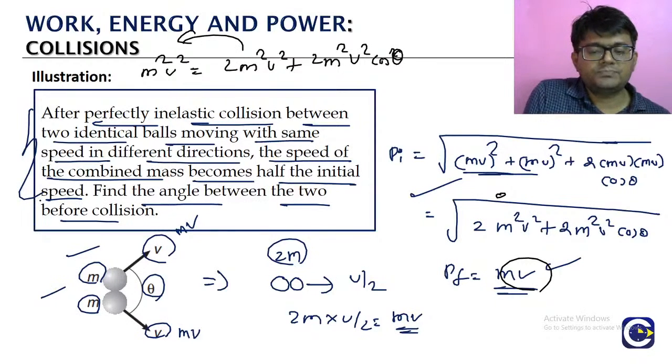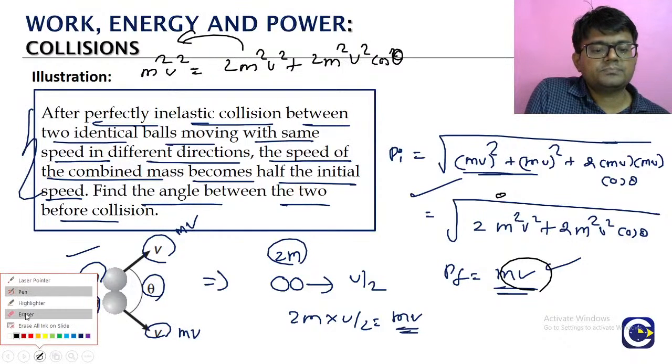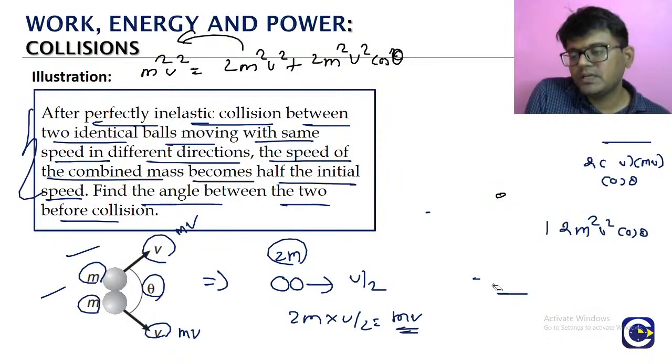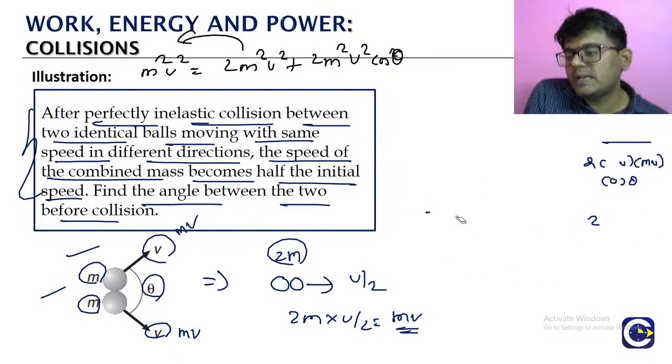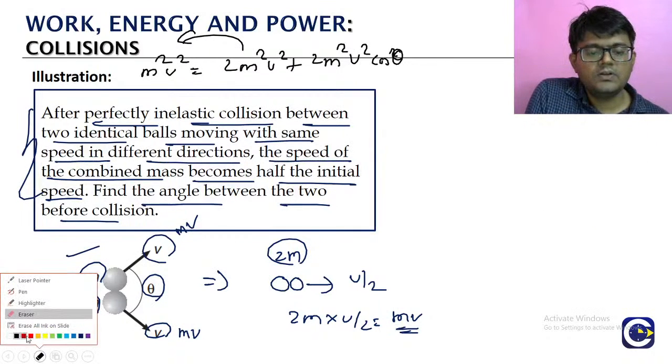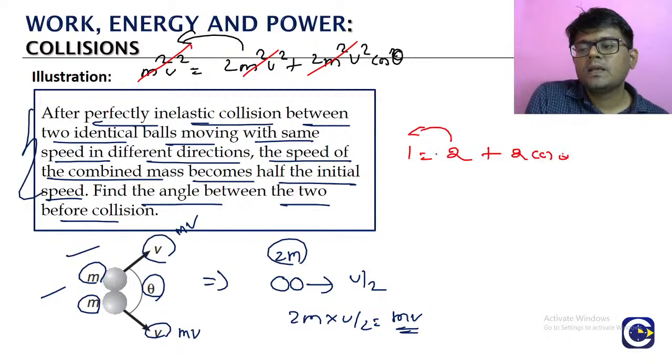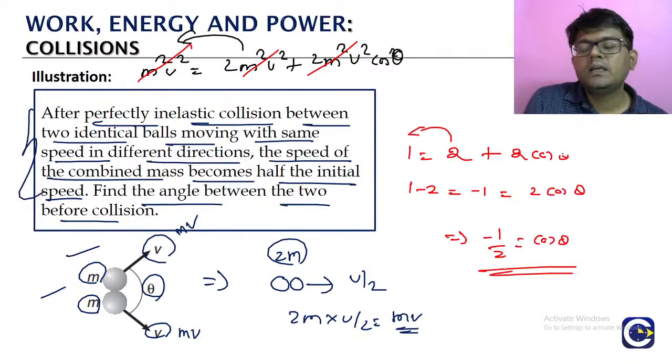Here itself we can cancel the m square v square on both the sides. If we cancel, what are we going to have? 1 is equal to 2 plus 2 cos theta. Bring it to the left, means 1 minus 2, that is minus 1. That means minus half is equal to cos theta.